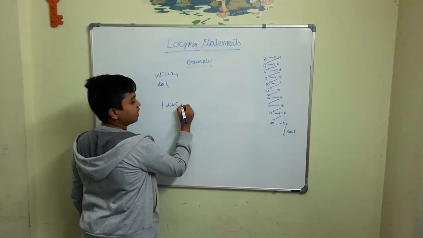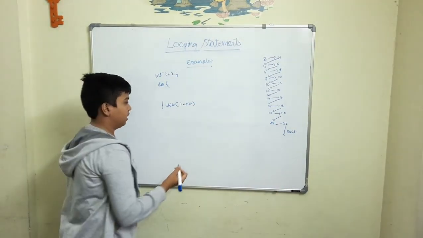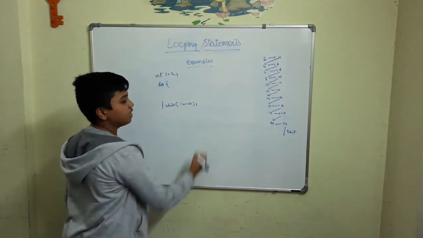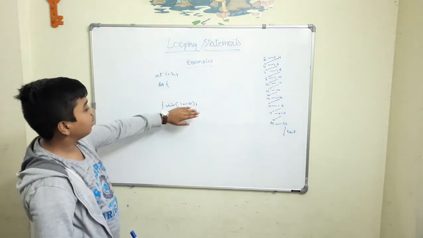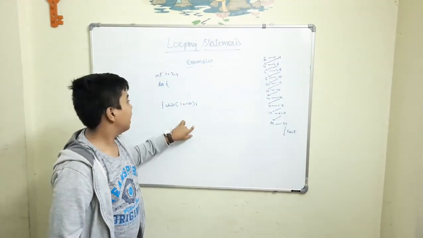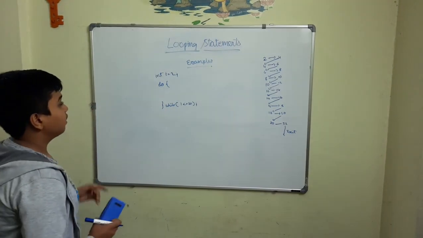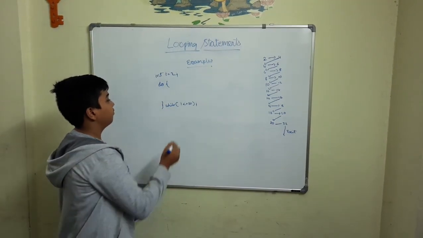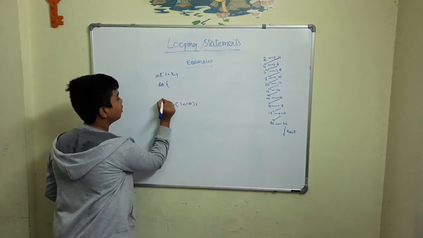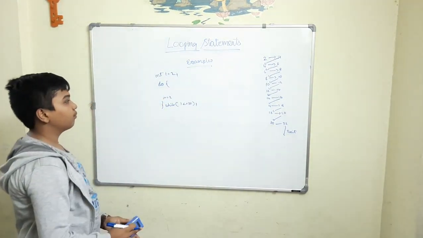In this we need the condition i is less than or equals to 20, same as before. Then a semicolon. Semicolon here instead of curly braces because it's a statement over here and not the entire block of code. So inside the do we have to increment also. So i plus equals 2, right?